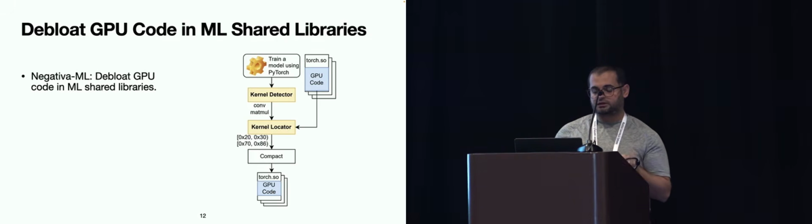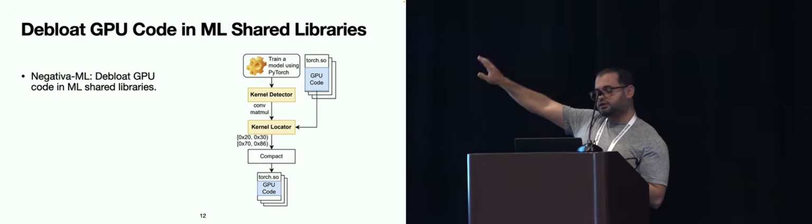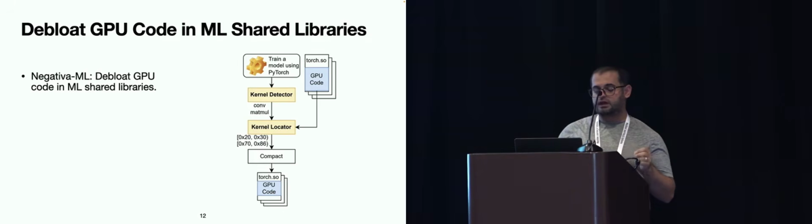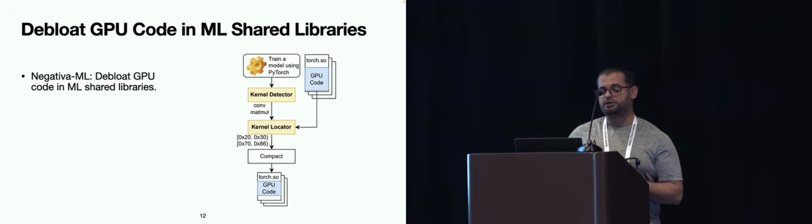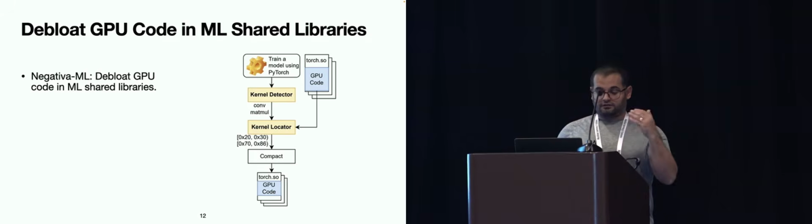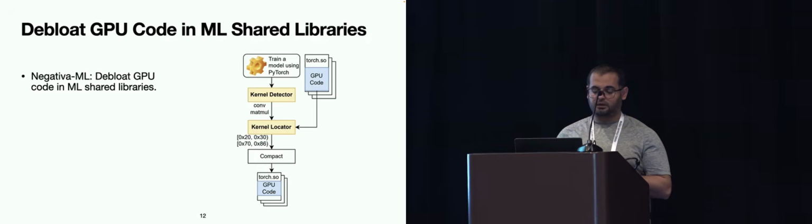In this workflow, we see in action how it works. First, you train the model based on PyTorch. The first step is called the kernel detector. In this step, the authors are trying to identify which GPU kernels have been activated.